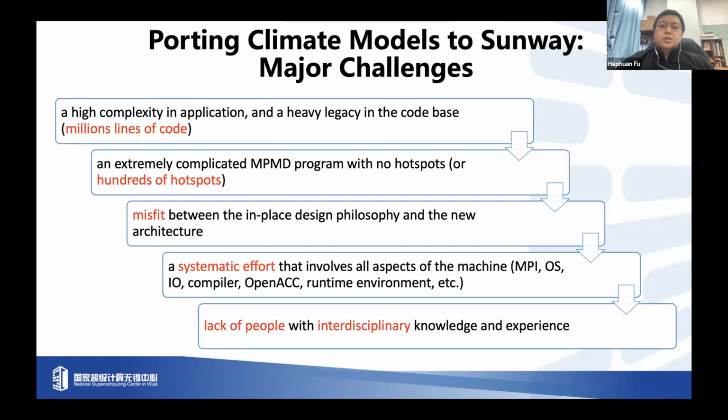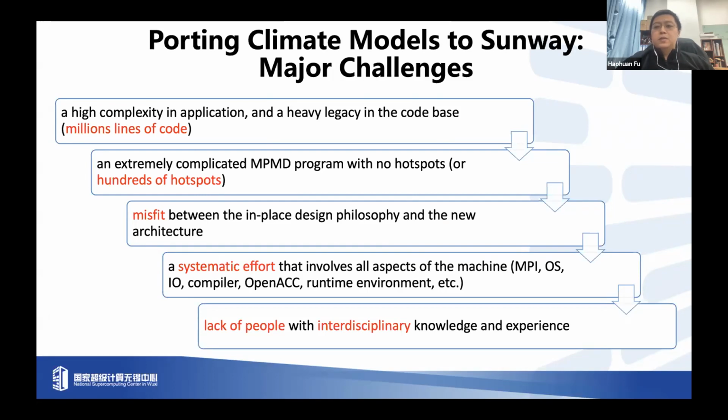So usually these community scientific codes are developed by many different groups all over the world, usually through a long period of time. So it has a high complexity in the programs, and also heavy legacy in the code base.